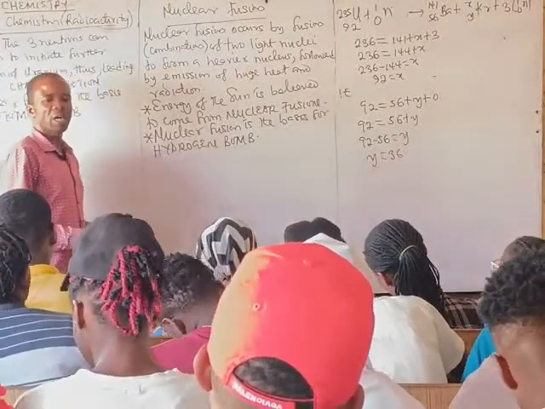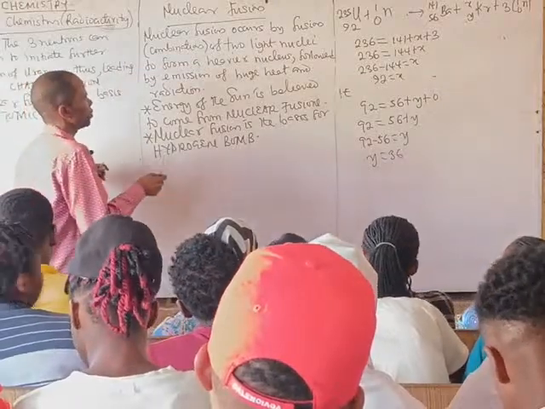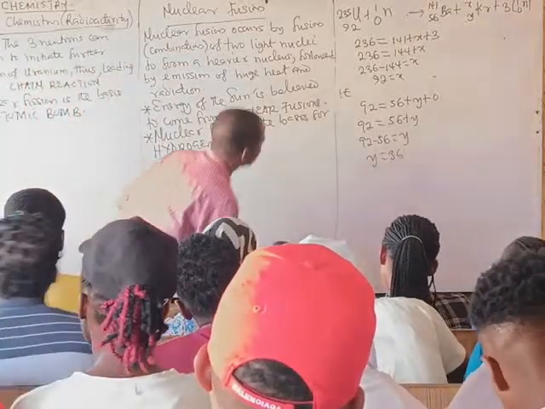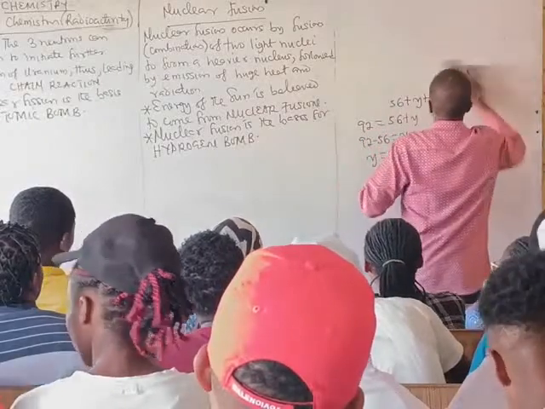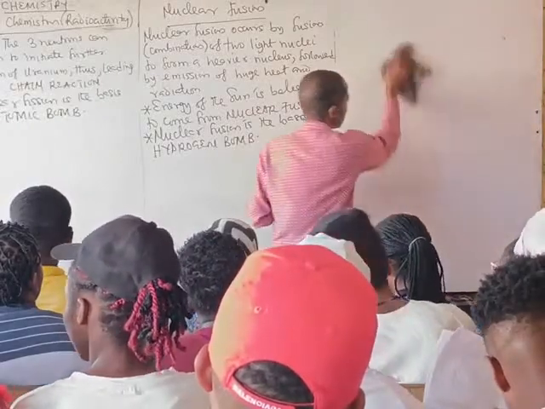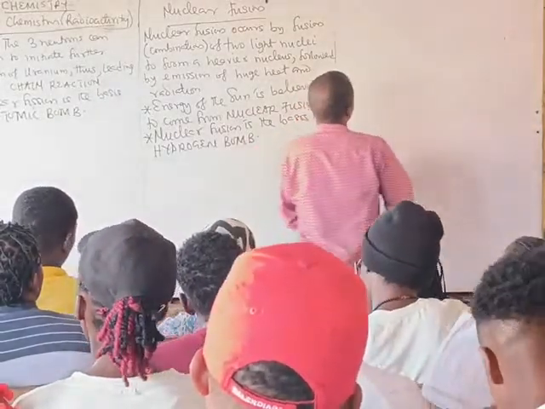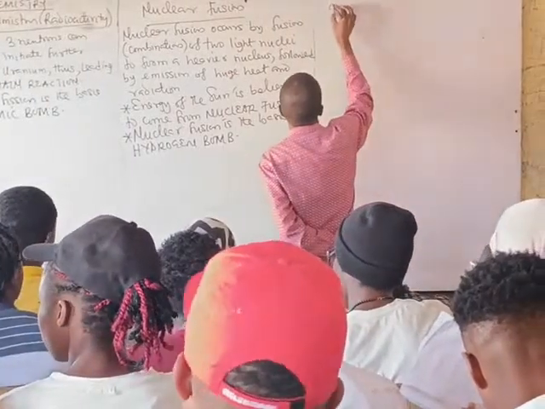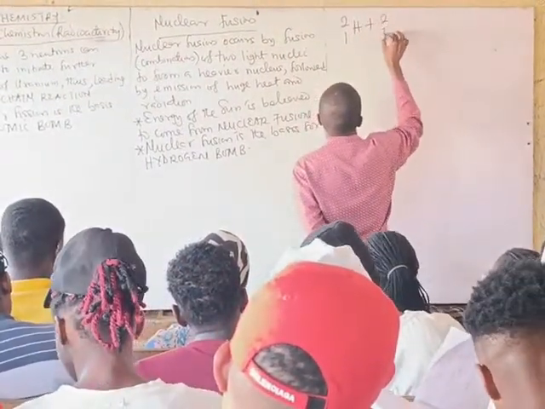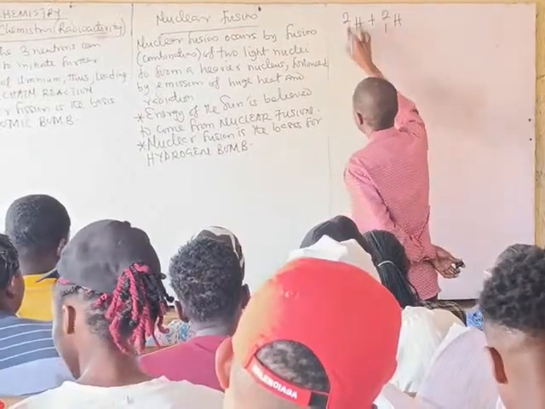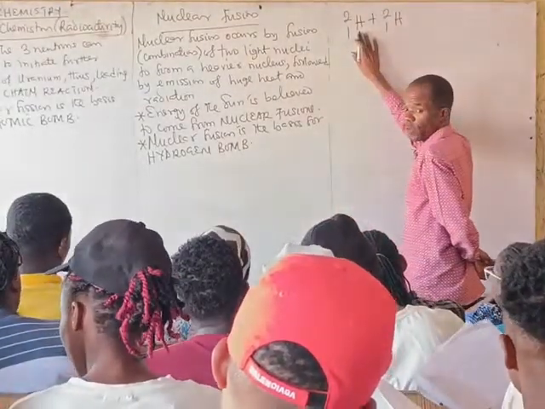Now, let's look at how nuclear fusion happens. Imagine if you have two light atoms, this 2,1H plus 2,1H. What's 2,1H? That's deuterium, or heavy water.